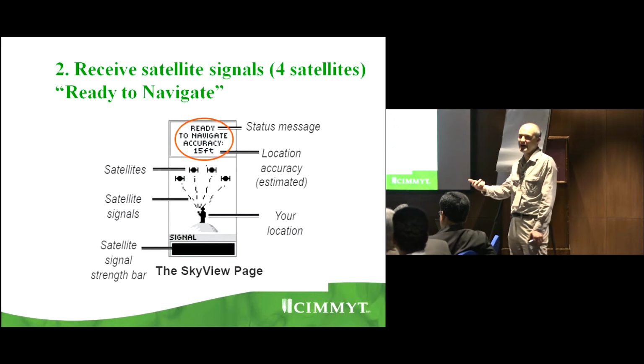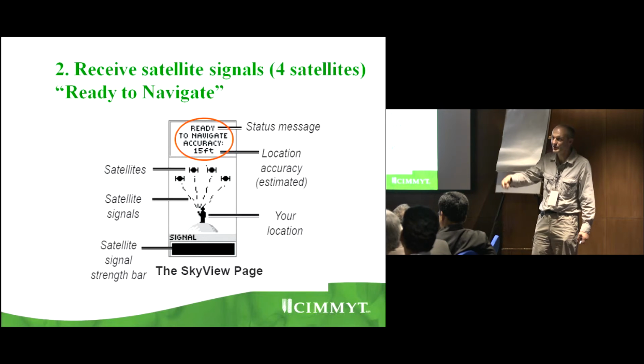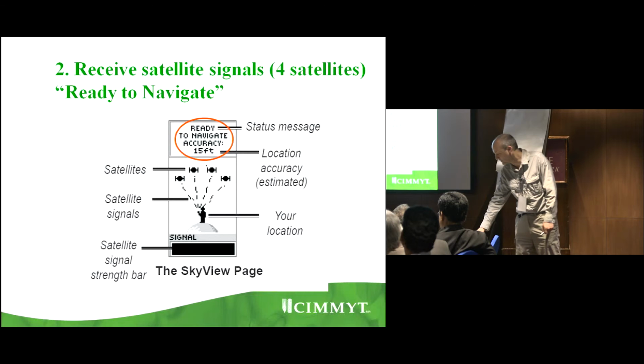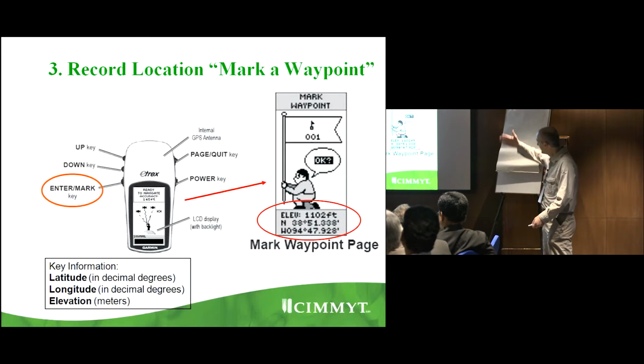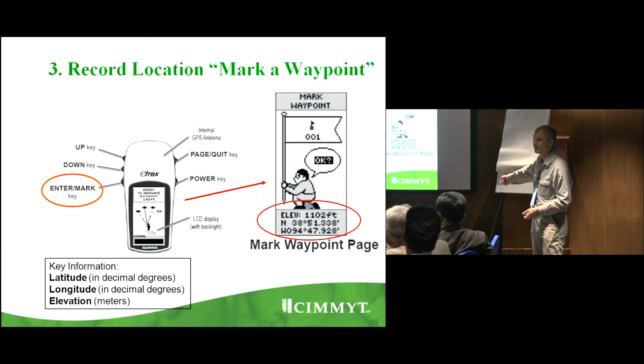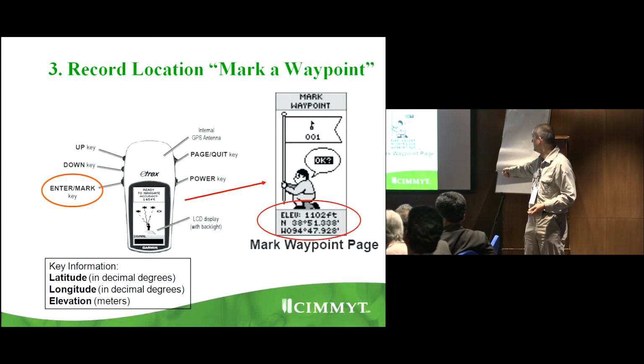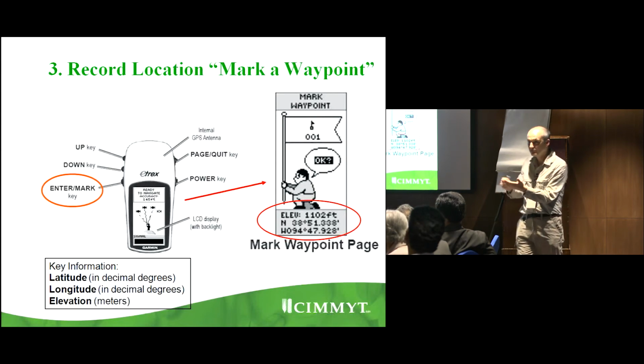So as soon as you get that information, you're good to record the location. So simply the third step then is you press the enter button and it'll record the information, and that's all you need, yeah? The elevation, the latitude and the longitude. So that you would record.